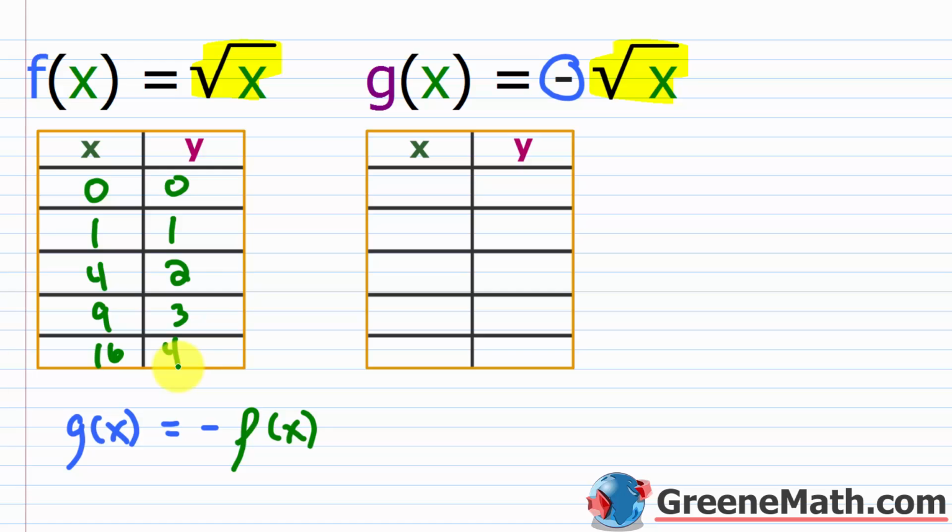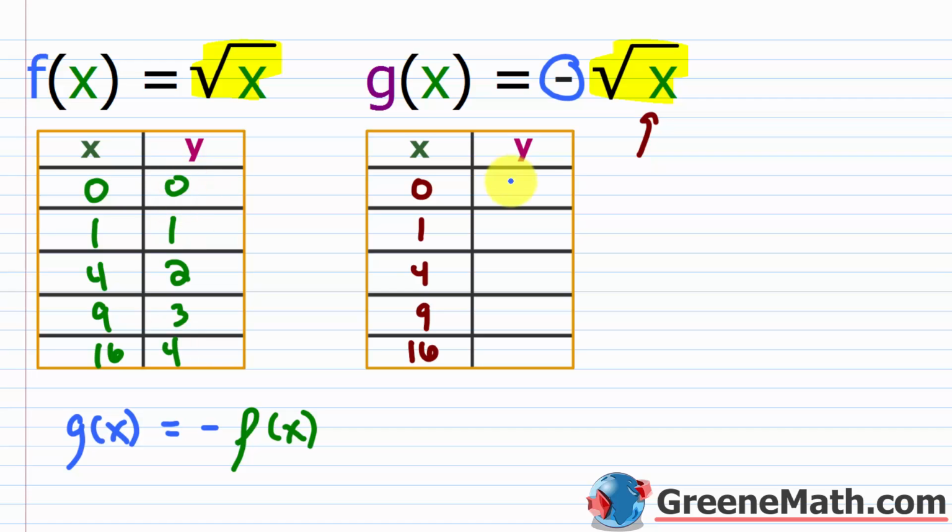I plug something in for x and take the square root, so that was my original output, but now I need to take the negative of it. So there's an extra step. For a given x value, the y value will be its opposite. Let's copy these x values: 0, 1, 4, 9, and 16. Then take these corresponding y values and change them into their opposite.